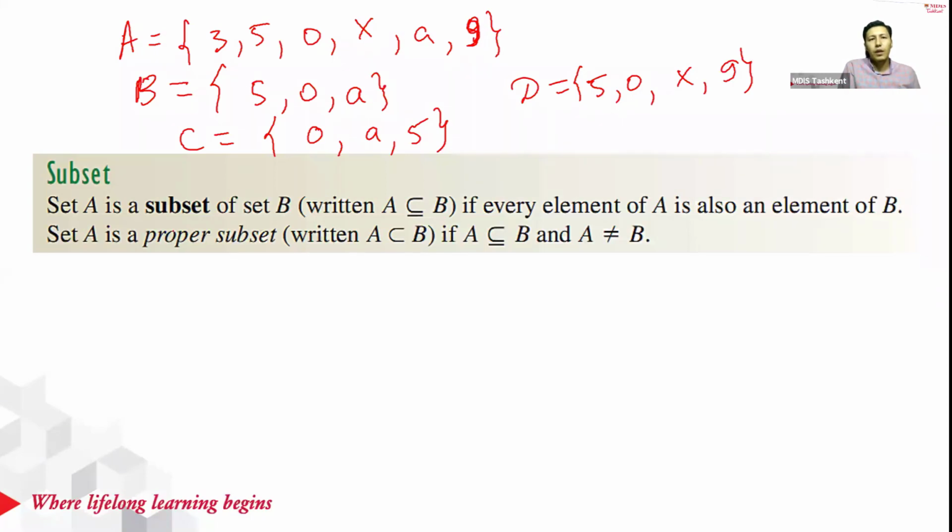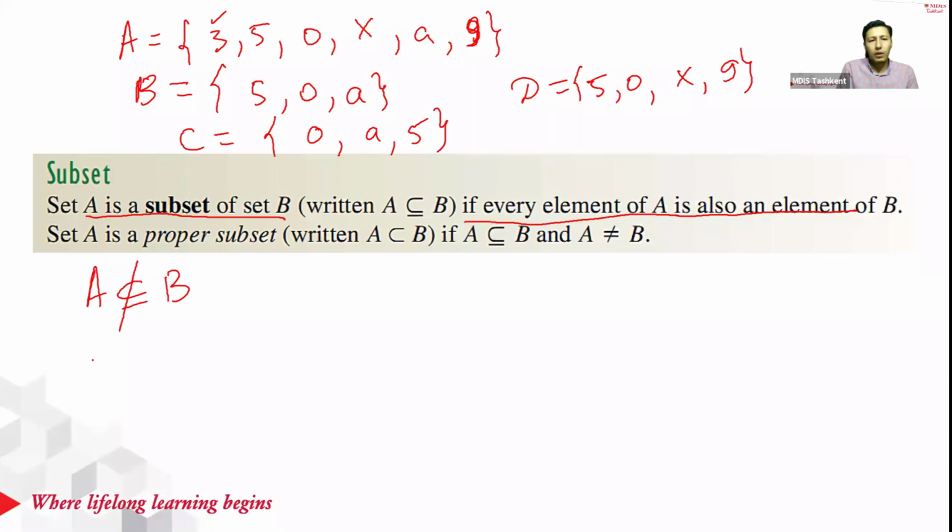Subset. A is a subset of set B if every element of A is also an element of B. So is A a subset of B? Now we look at the elements of A. 3. Do we have 3 in B? No. Therefore, it is not a subset.